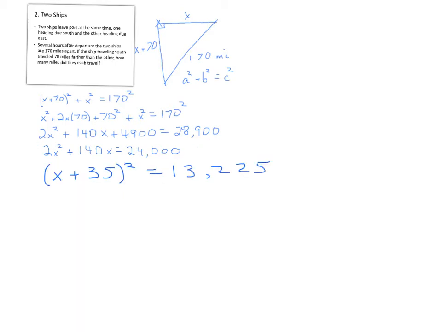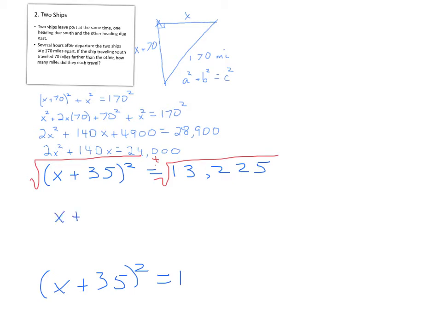Now we can use the square root property, and we take the square root of both sides, and we get that the square root of the left side equals plus or minus the square root of the right side. So that means x plus 35 equals plus or minus the square root of 13,225, which turns out to be a nice clean 115.